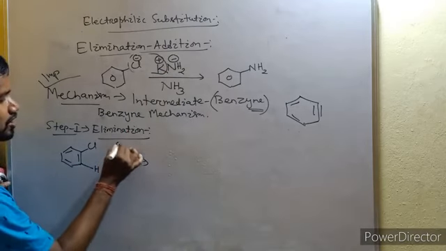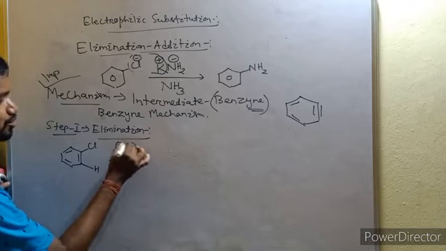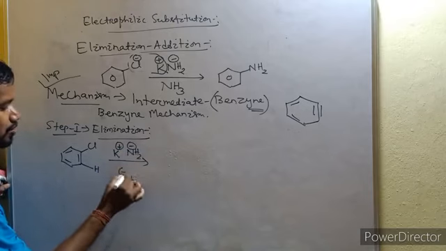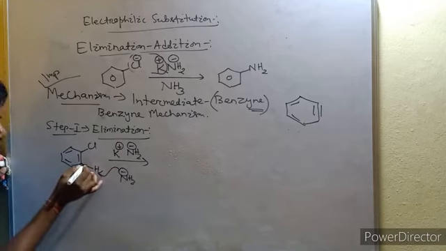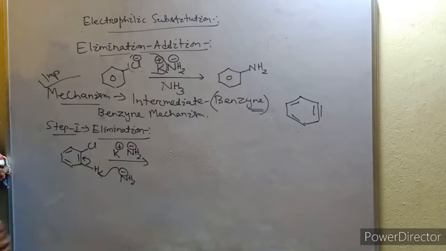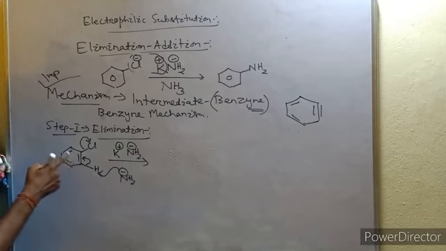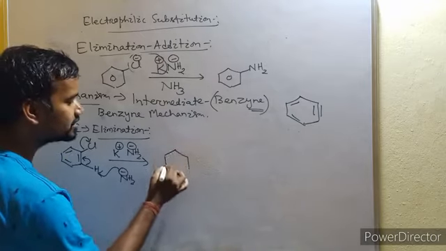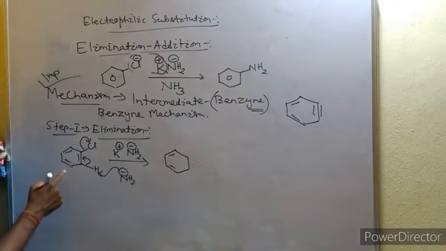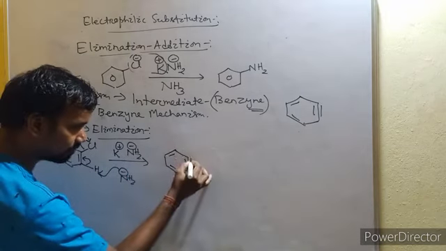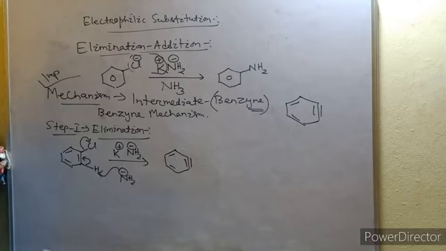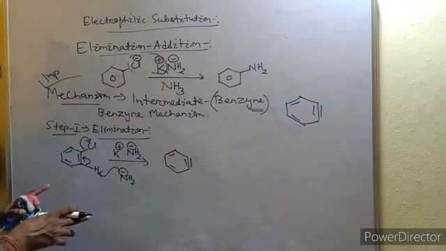Remember, you have K plus NH2 minus. So this NH2 minus will take up the proton. Here is a bond pair. This will move to this double bond, and this chlorine will be removed to satisfy the valency of carbon. Okay, so you are getting this structure. See, here double bonds are there. Here you have already one bond. Another bond is coming, so it will form a triple bond. Clear?